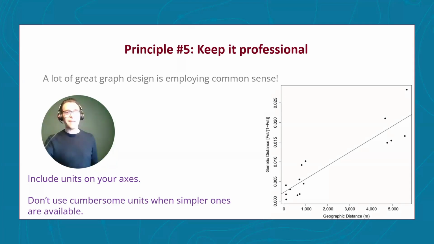This graph, for example, uses thousands of meters on the x-axis, which requires them to have up to 5 characters to represent every label. They could have just used single kilometers here. And that's kind of an unforced error, in my opinion, because it would have simplified the graph. And we're all just about as good at interpreting kilometers as we are thousands of meters.